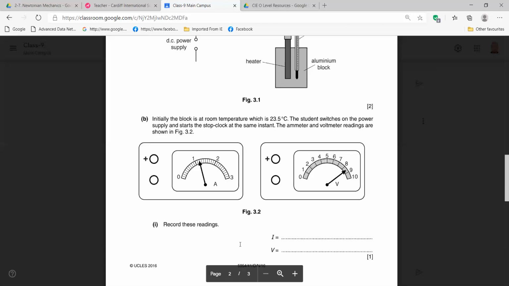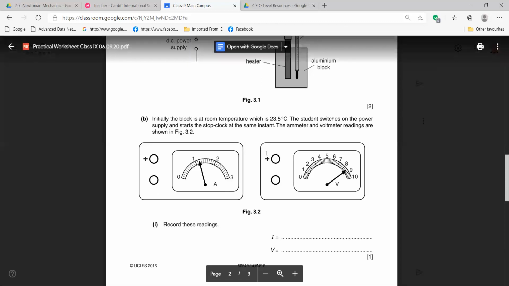Sir, I see 1.2. I is 1.2 ampere. So you write 1.2 ampere. Then for the voltmeter, the voltage reading, how much are you getting?